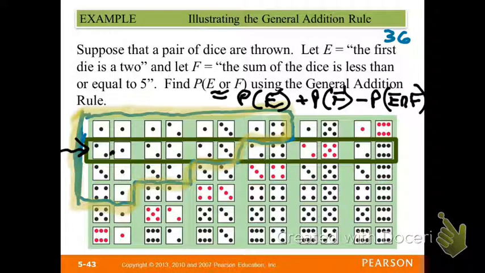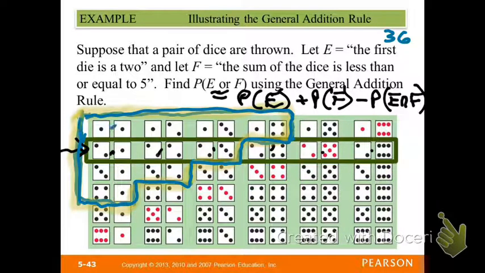There are 1, 2, 3, 4, 5, 6 outcomes out of 36 in E. So 6 out of 36 is the probability of E. The probability of F, that's all of these things in this box here.